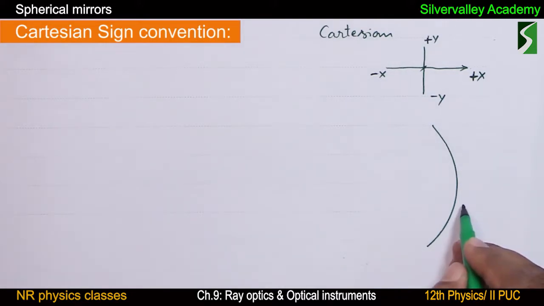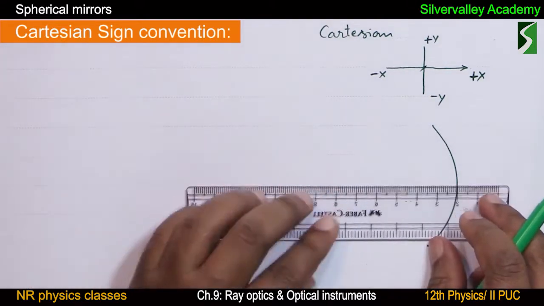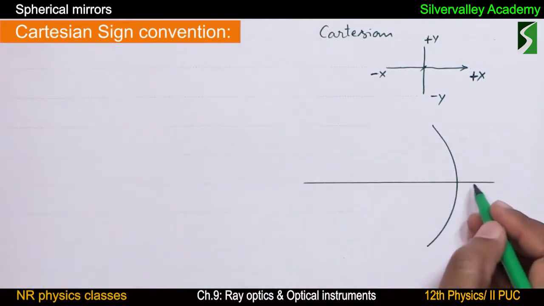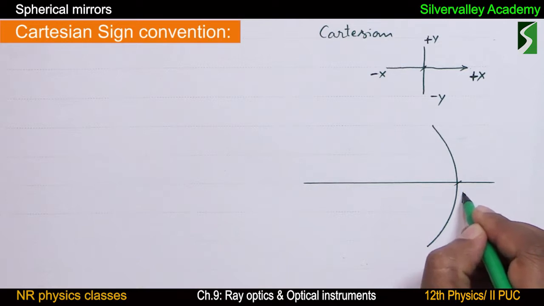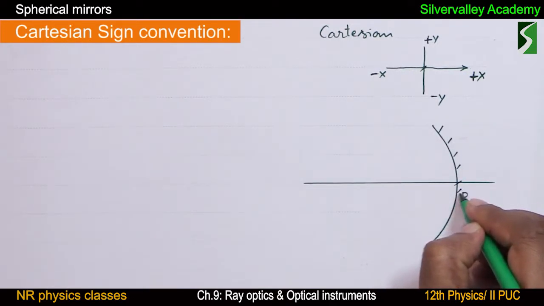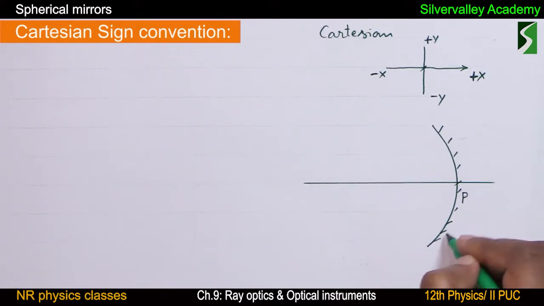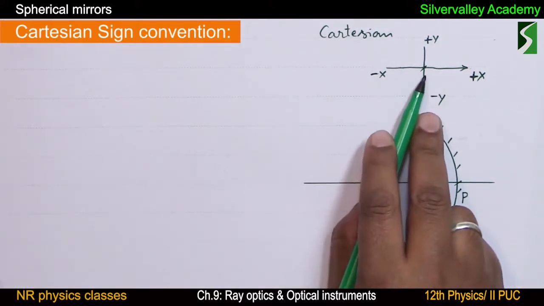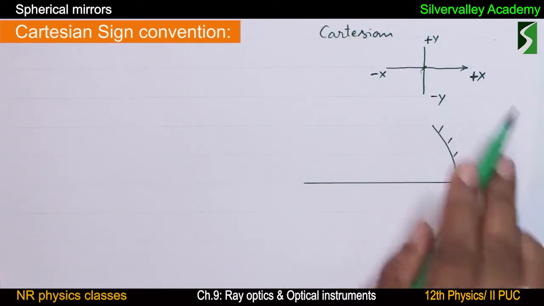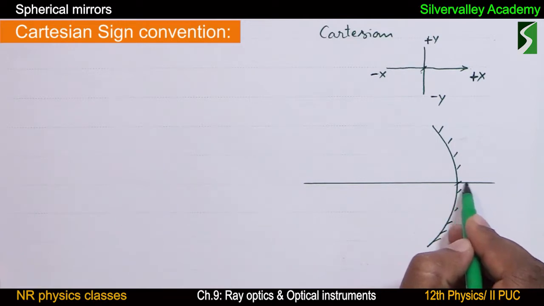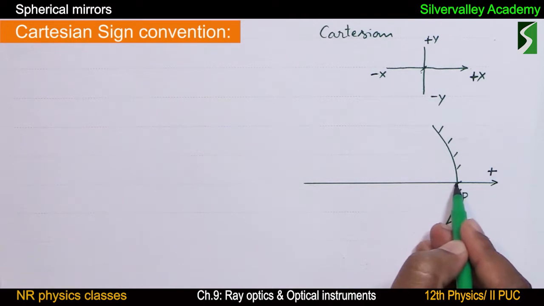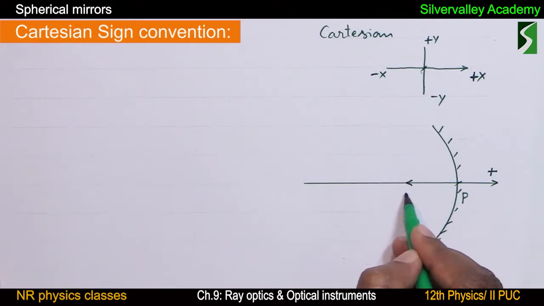If this is a spherical surface, spherical mirror, principal axis, pole, just to represent a mirror, a concave mirror. Compare this with this. Distances to the right are taken as positive. Distances to the left are taken as negative.